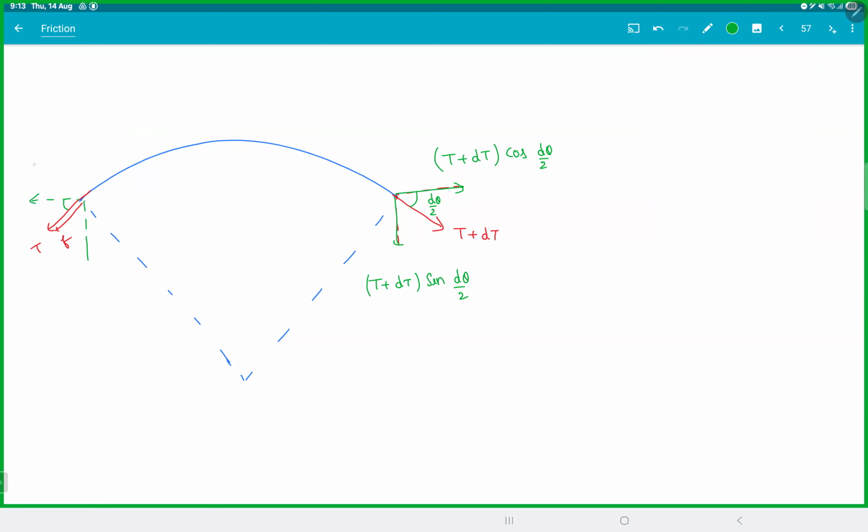So this will be T cos(d theta by 2). And this will be F cos(d theta by 2).